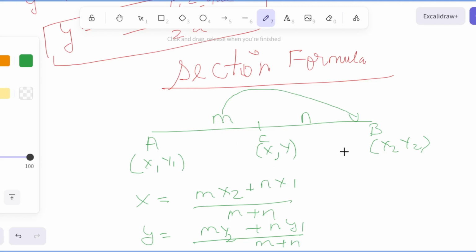See, m times x2, I'm not doing m times x1. And similarly, this n has to be multiplied with the other side's coordinates. That's why I'm writing n x1, not n x2. It shouldn't be multiplied with the same side's coordinates. Makes sense, right?